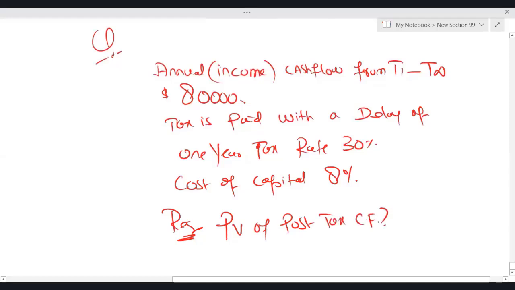Please, students, try. Annual cash flow from T1 till T infinity is 80,000. Taxes are paid with a delay of 1 year. Tax rate is 30%. Cost of capital is 8%. You need to calculate the present value of post-tax cash flows. Please, every one of you attempt this and give me the answer. What is the answer, students, please?